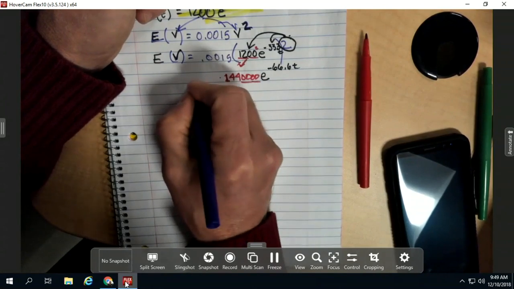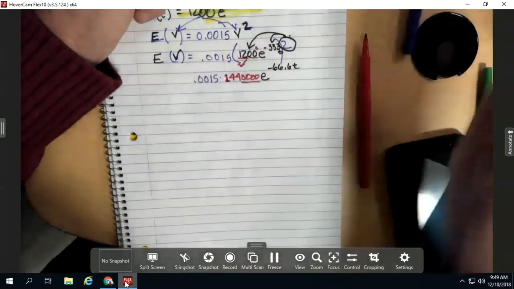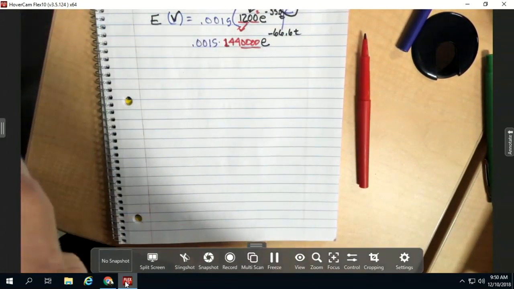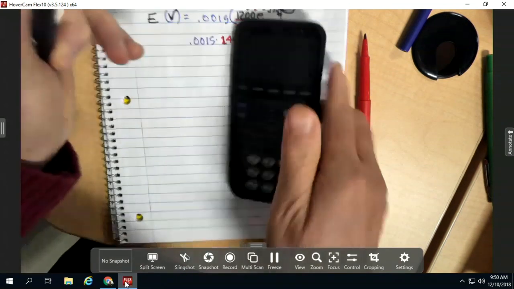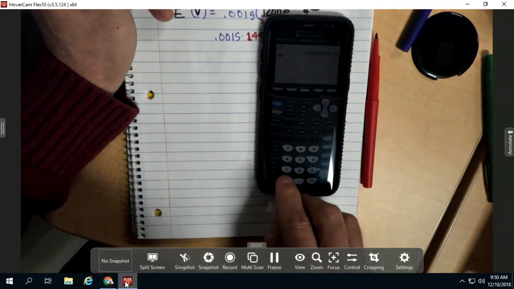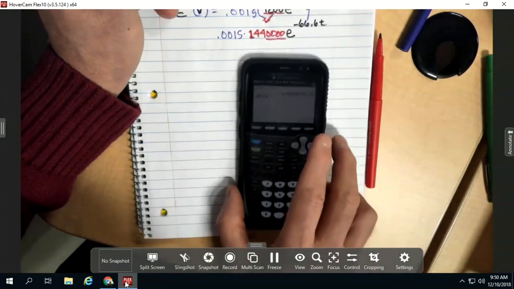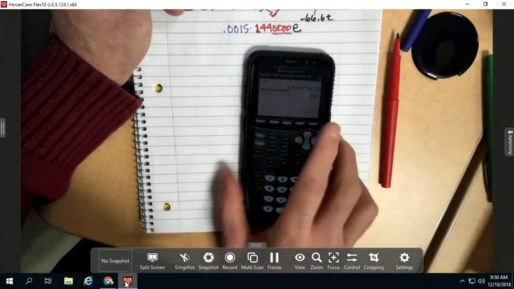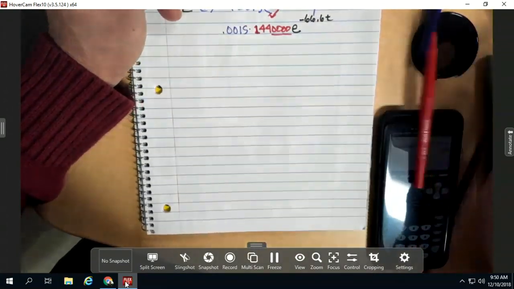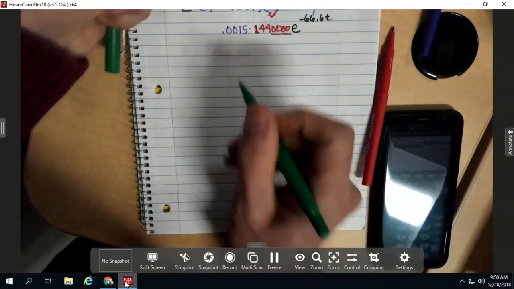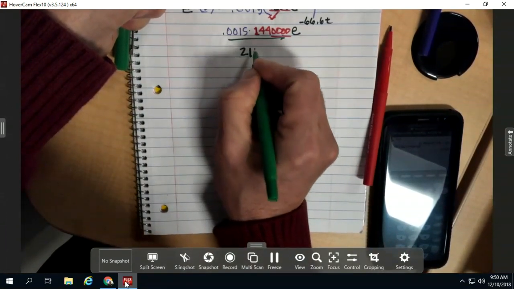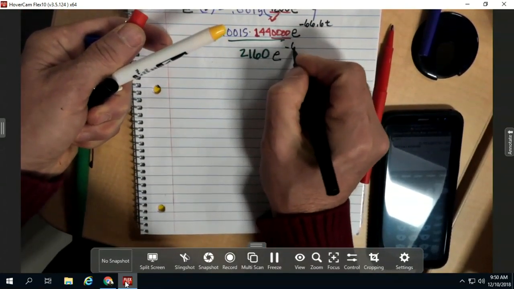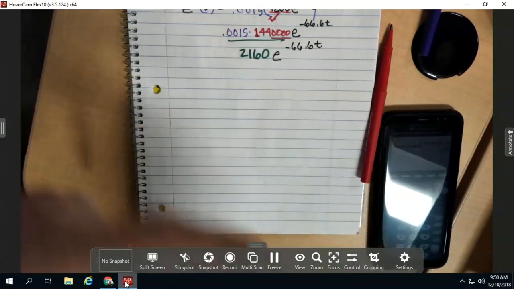Times 0.0015. So on our calculator, we would take .0015 times 1440000, and this part here multiplied out to be 2,160 e to the negative 66.6 t.